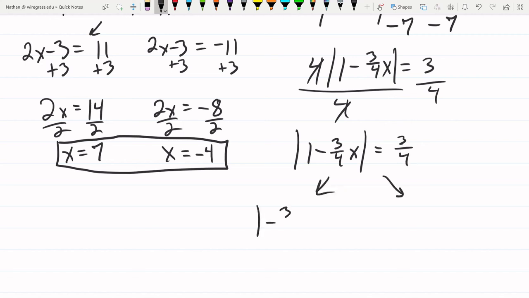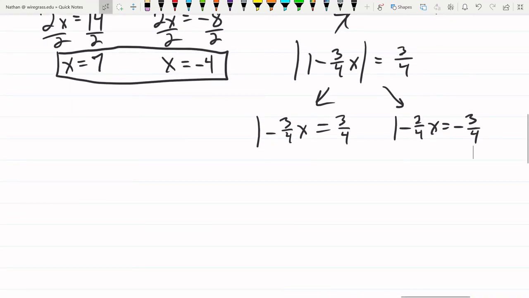1 minus 3/4 x equals positive 3/4, and 1 minus 3/4 x equals negative 3/4. So we can solve this as we normally would. Subtract 1, negative 3/4 x equals 3/4 minus 1, which is the same thing as 3/4 minus 4/4.